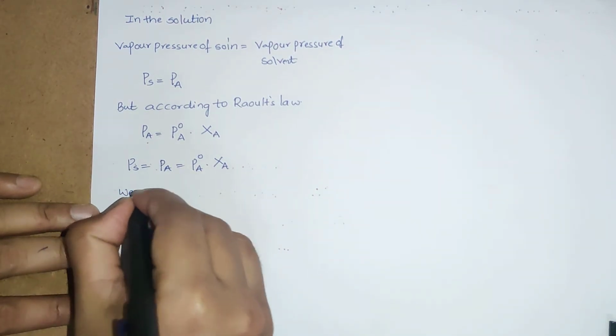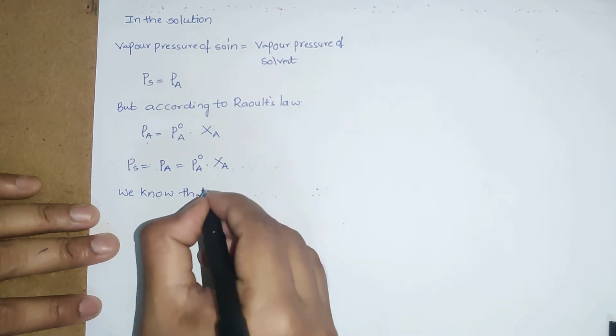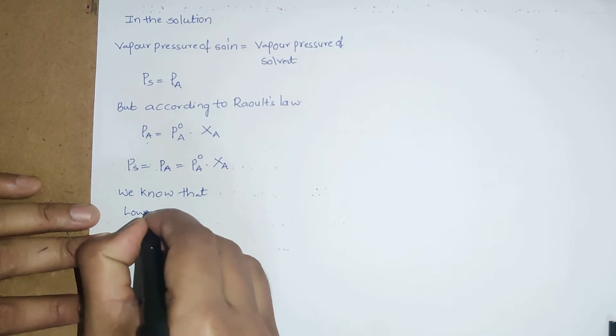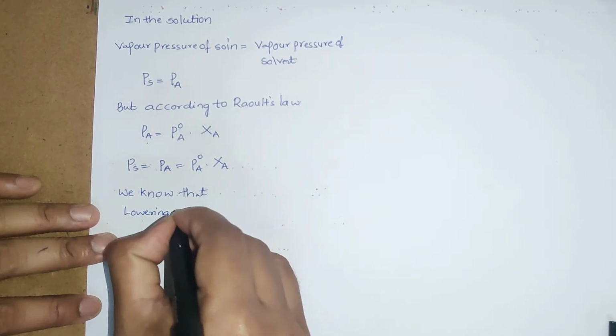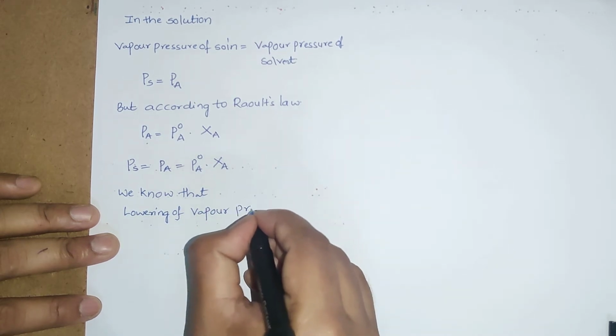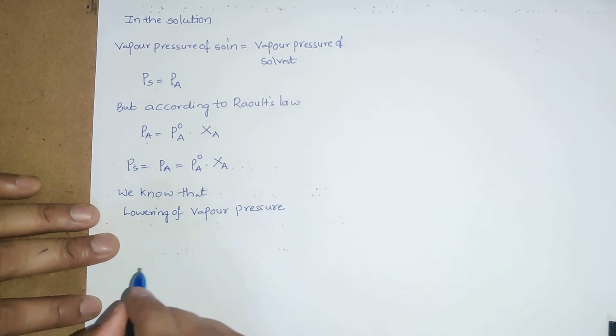But we know about lowering of vapor pressure: when a non-volatile solute is added to a volatile solvent, the vapor pressure of the solution decreases.